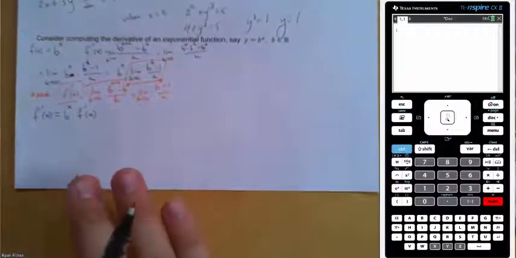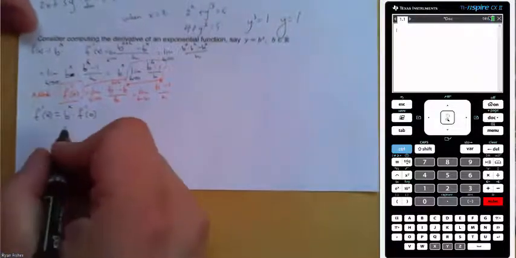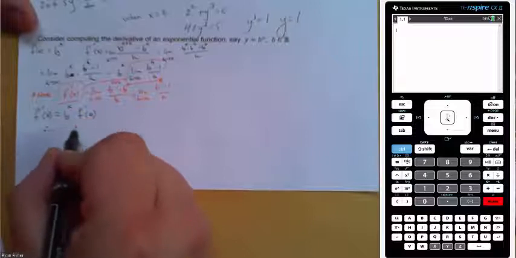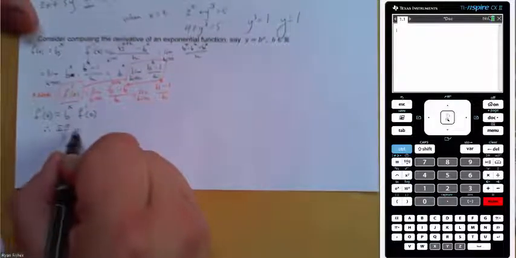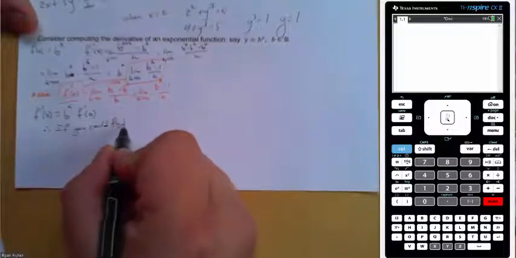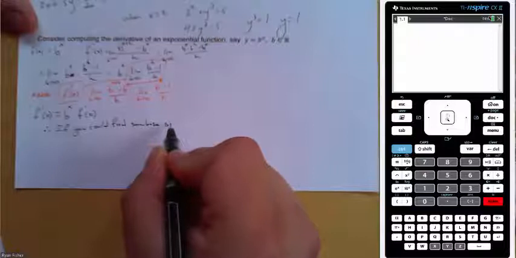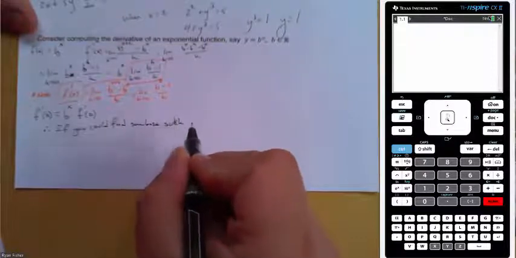But this is kind of curious to me, in that you can make this a really special function if you could find some base such that the following is true. You'd have a really cool function.